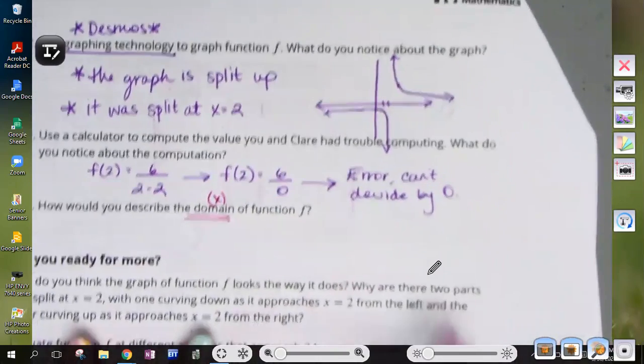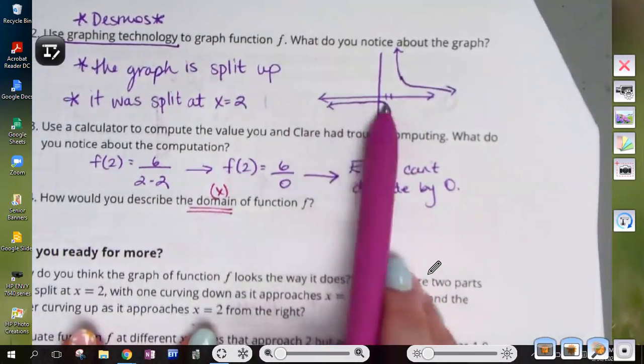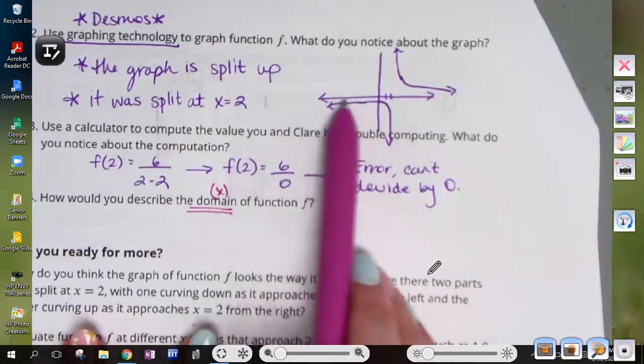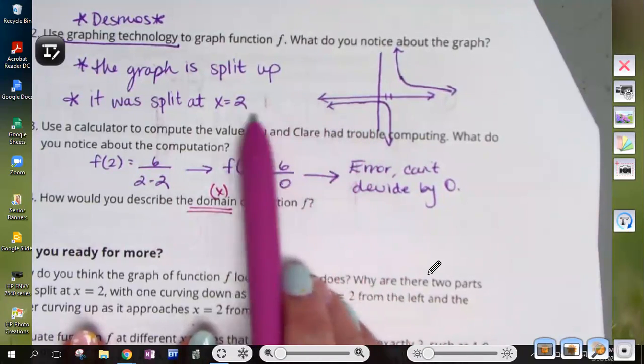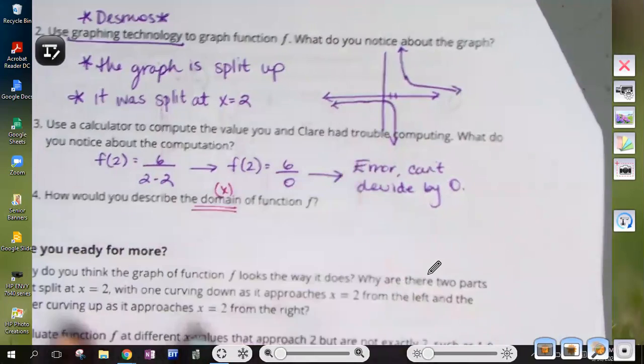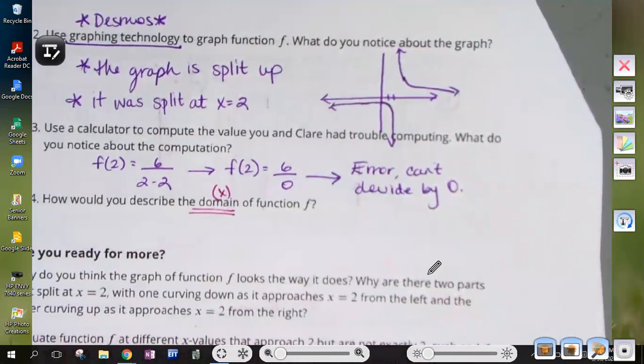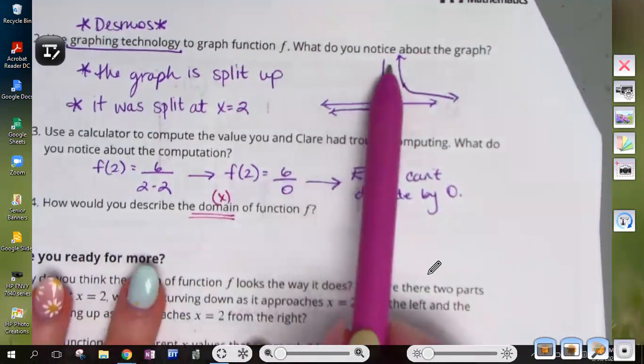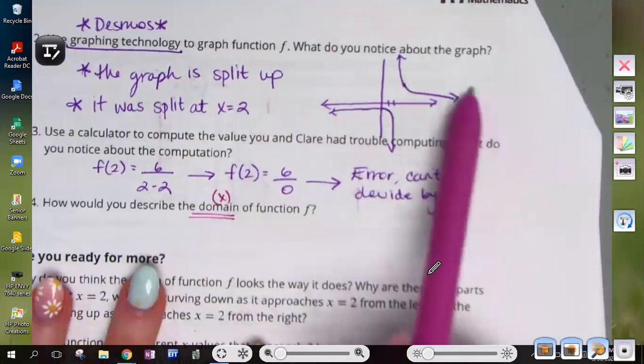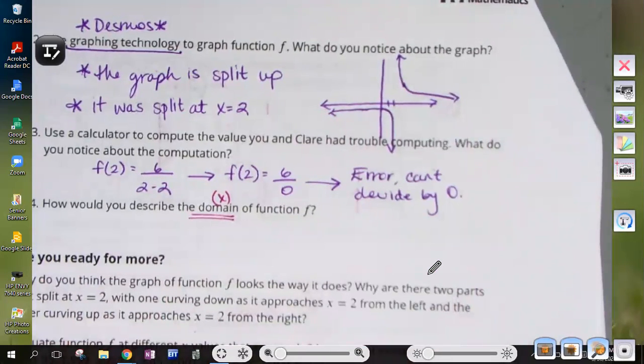All right, so let's look at our graph. Let's see how far it goes to the left. Do we see like a starting point all the way to the left? No. No, it goes on and on and on forever to the left, and it goes on and on and on forever to the right. What is the only number that it doesn't ever go to? 2.